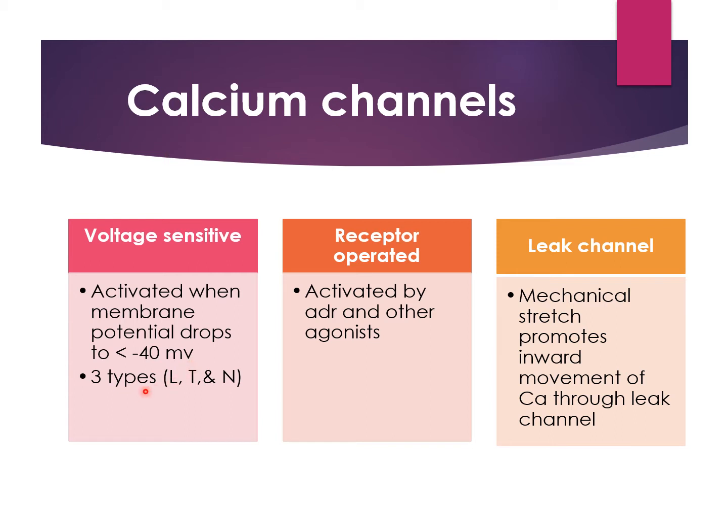There are basically three types of voltage sensitive calcium channels: L-type, T-type and N-type. Receptor operated or mediated calcium channels are activated by adrenaline and other agonists. Coming to leak channels, mechanical stress promotes the inward movement of calcium through the leak channels.